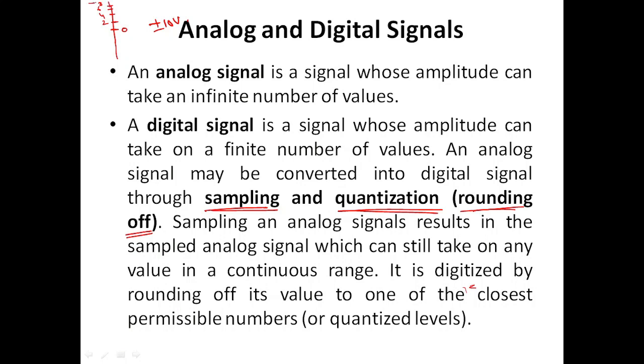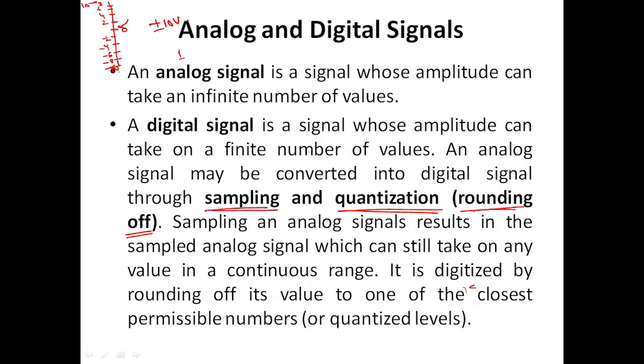Say 10 is at the top. Similarly, minus 2, minus 4, minus 6, minus 8, minus 10. Now suppose there is some value of say 1, where you will be rounding it off.